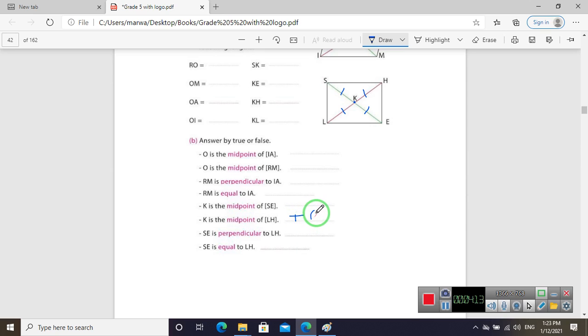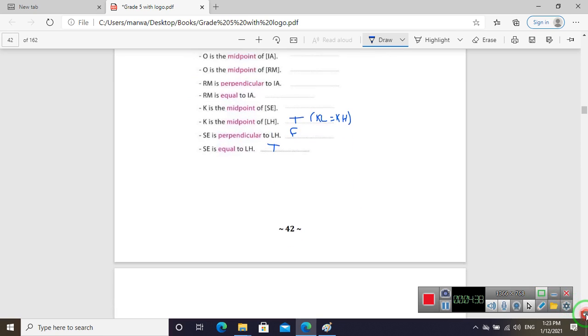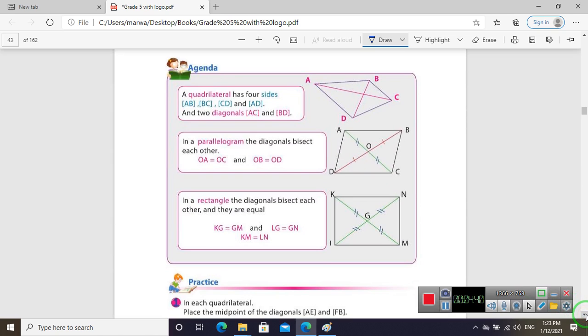KL equals KH, as you see in the figure and the coded information. SE is perpendicular to LH. Use your set square, so it's false. SE equals LH, use your ruler. Yes, it's true. Now, let's move to the second page and read the rules of this lesson.